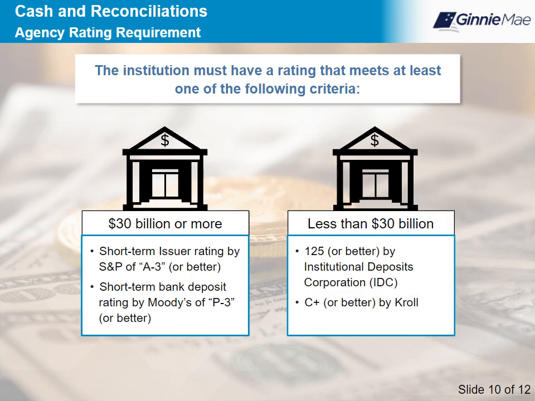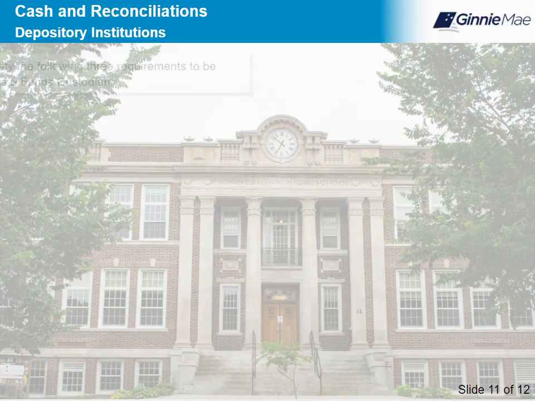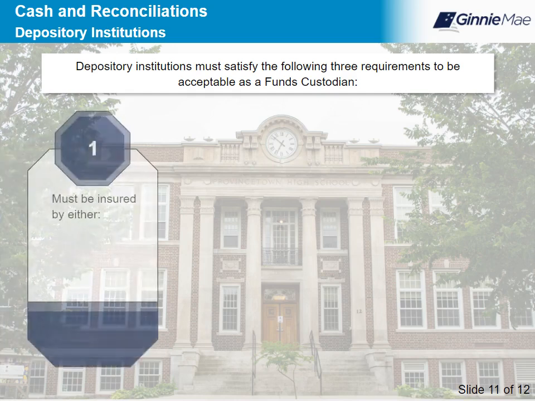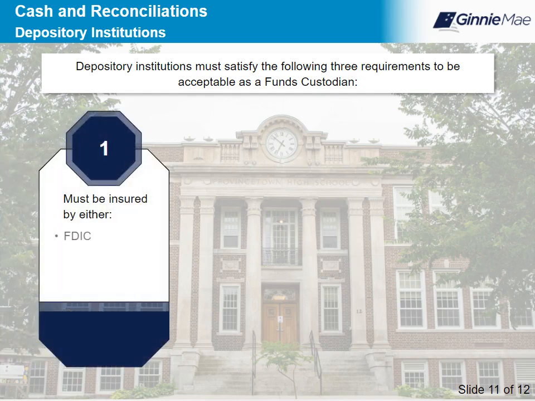Select Next to continue. Depository institutions must satisfy the following 3 requirements to be acceptable as a fund's custodian, even if it is rated by another organization below the minimum level specified. They must be insured by either the Federal Deposit Insurance Corporation, FDIC, or National Credit Union Share Insurance Fund, NCUSIF.